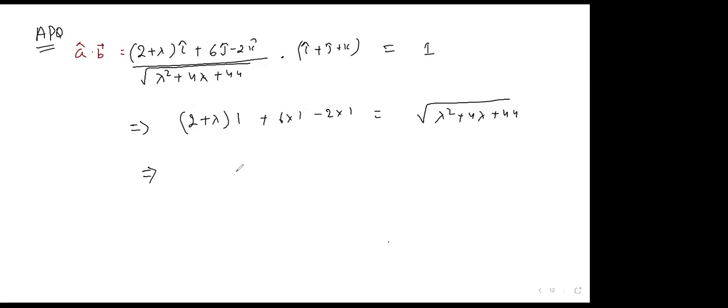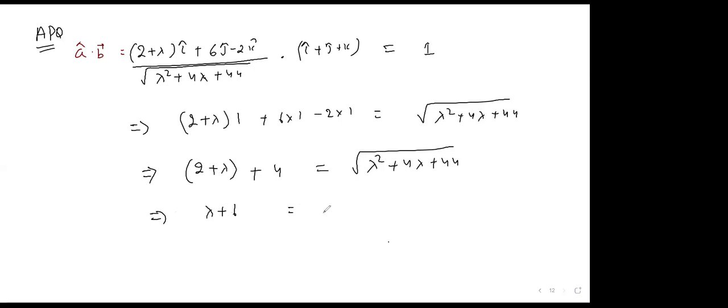And this will be 2 plus lambda plus 4 equals the square root of lambda square plus 4 lambda plus 44. So lambda plus 6 equals the square root of lambda square plus 4 lambda plus 44.